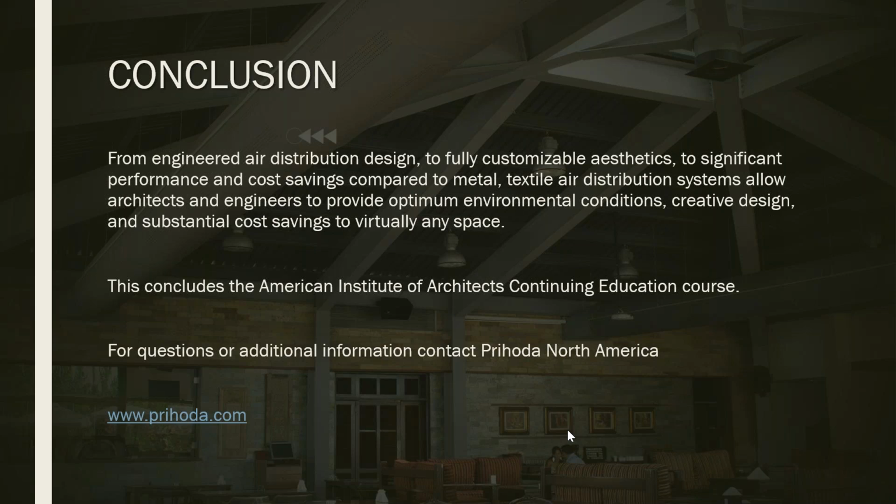There's going to be some turbulence issues that will cause the fabric duct to violently shake, and it can loosen the suspension over time. But these are issues you don't have to worry about because with Prihoda, we make sure you're getting a properly designed system from the beginning all the way through to the end. As far as anybody destroying it from below, that will be almost impossible for them to do. Okay.